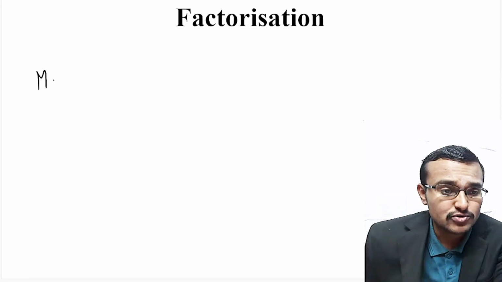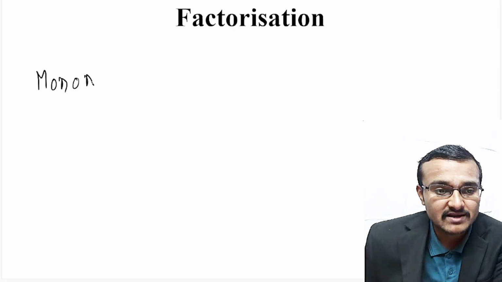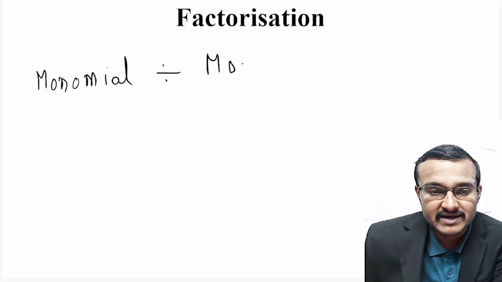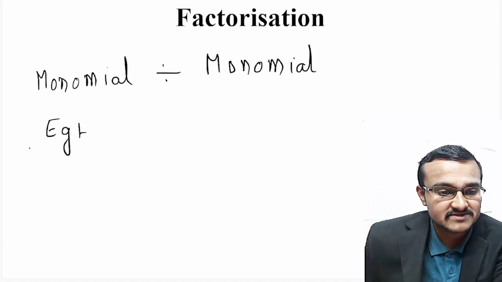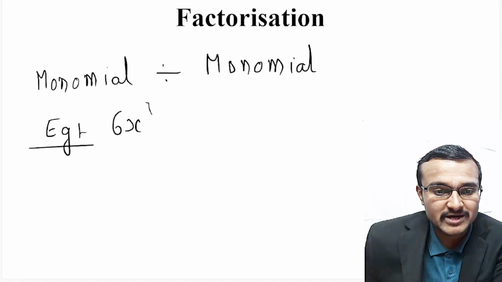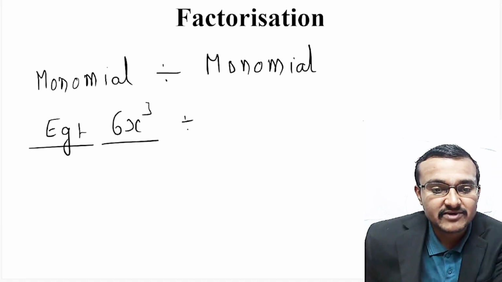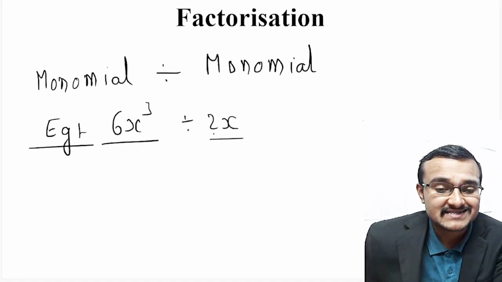Now how to divide monomial with a monomial? So monomial divided by a monomial. Let us take an example to understand this. 6x cube is one particular monomial, divided by 2x is another monomial.